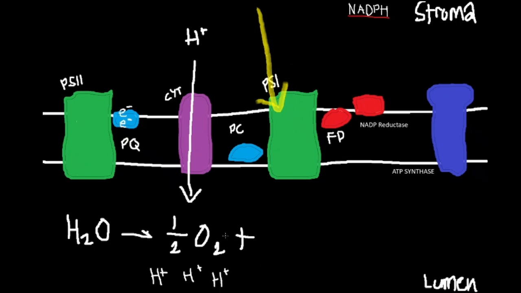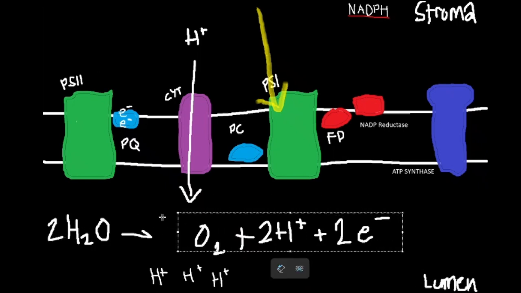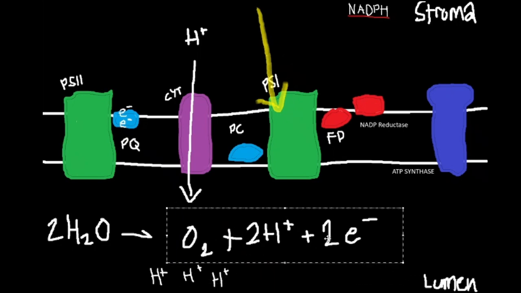There's going to be 2 hydrogen ions, and there's going to be 2 electrons. This is the product that we want in order to stabilize photosystem II. Now, since I don't like seeing 1/2 here, I'm going to remove that, because we're going to add 2 molecules of water, and that makes things relevant again, and I'm very happy.